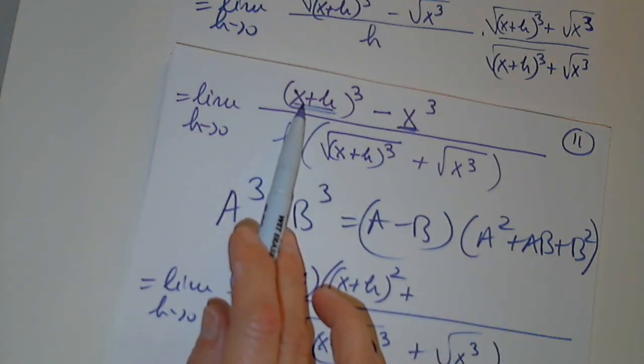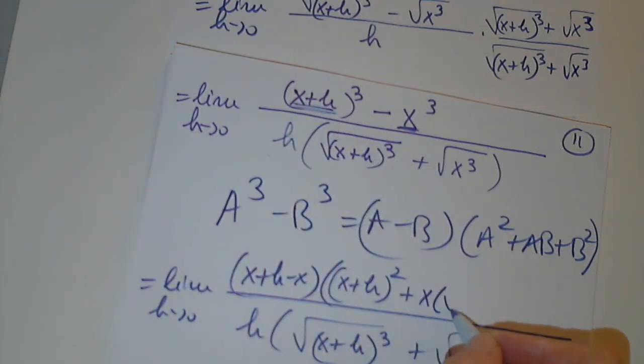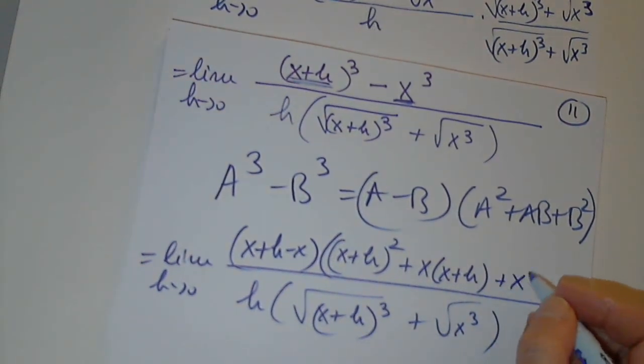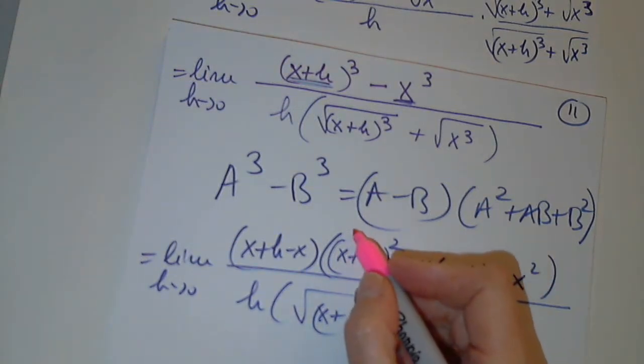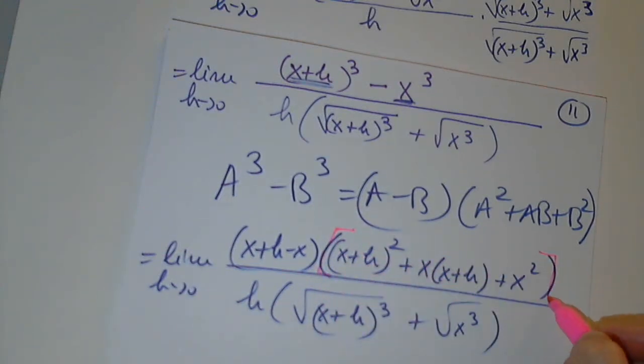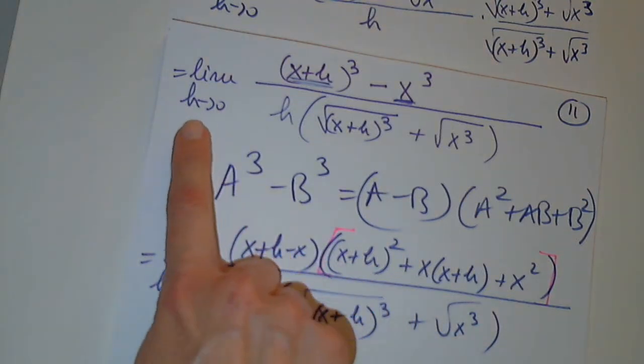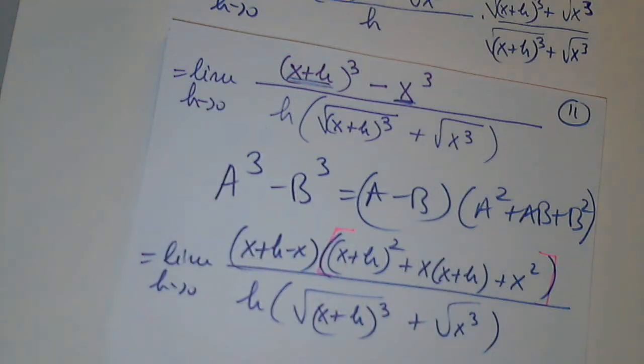Plus x plus h times x, or x times x plus h, do not distribute, plus the last term squared, which is x squared. Maybe for you to see it better, maybe I should put brackets here instead of parentheses. They are nested parentheses, but maybe it's better if I do that. I forgot to ask you, since we get 0 over 0, which one is the culprit? Which factor has to go away eventually? H. Of course, of course. You always see it here, h minus 0, so it's h.